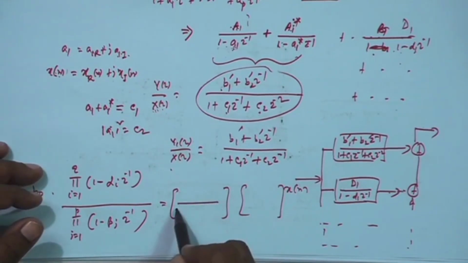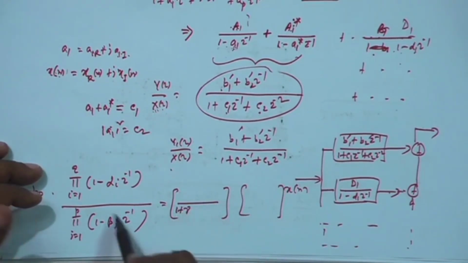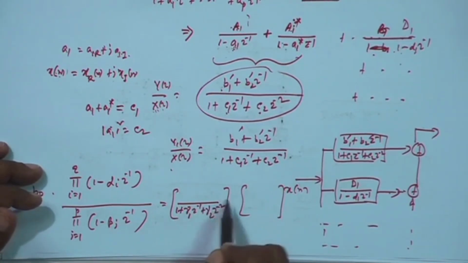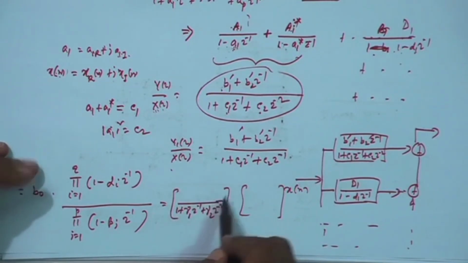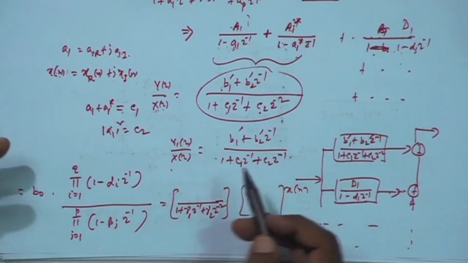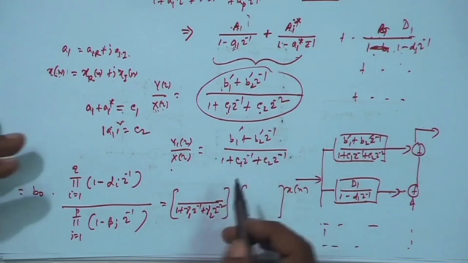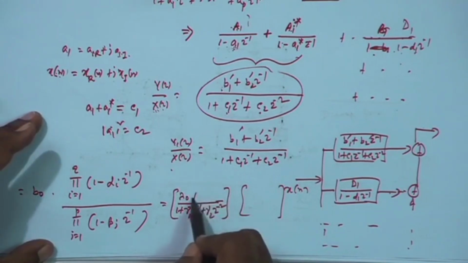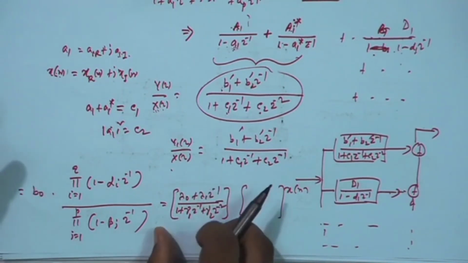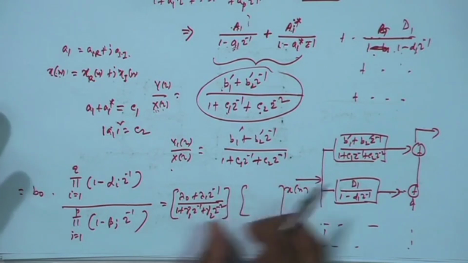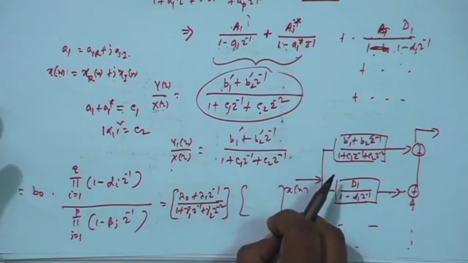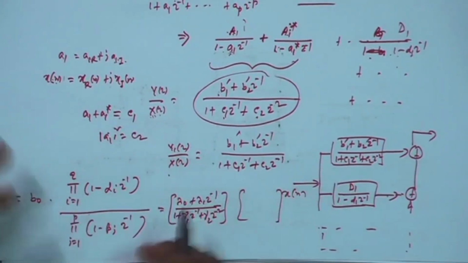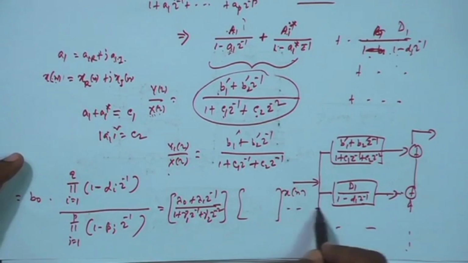Second order means maybe 1 plus gamma1 Z inverse plus gamma2 Z inverse 2, and numerator will be some, I have gone alpha, beta, gamma, what else is left, maybe lambda0 plus lambda1 Z inverse, something like this. This is one filter, there will be another filter, this could be a first order also. Depending on how you order them, which ones you take first, you can have various possibilities, and it will be a product of this kind of form.